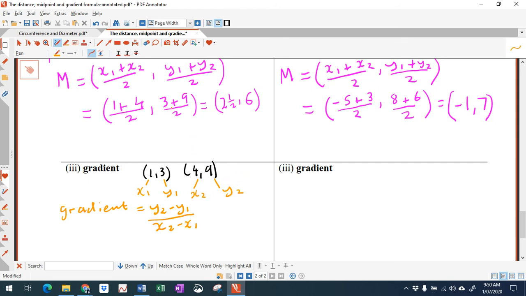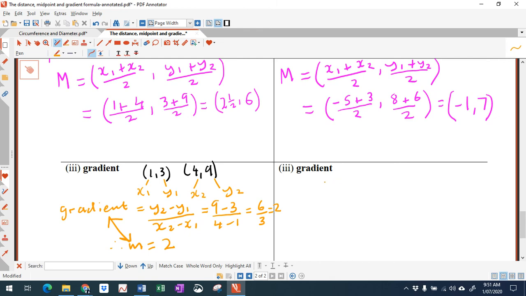So that is equal to, if you look at the numbers, we're going to have 9 minus 3 over 4 minus 1, which equals 6 on 3, which equals 2. Therefore, we can say the slope, which is abbreviated with m, is equal to 2. Okay, so just remember that gradient and slope are abbreviated with the letter m.